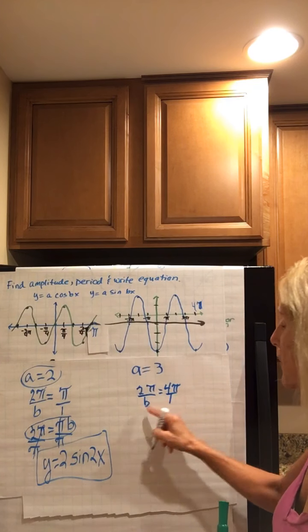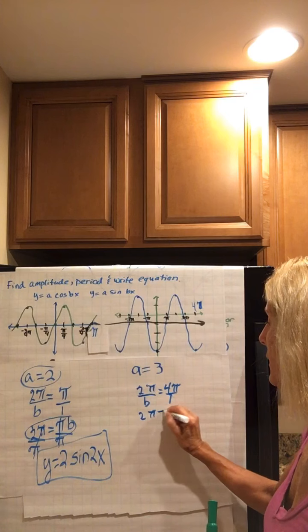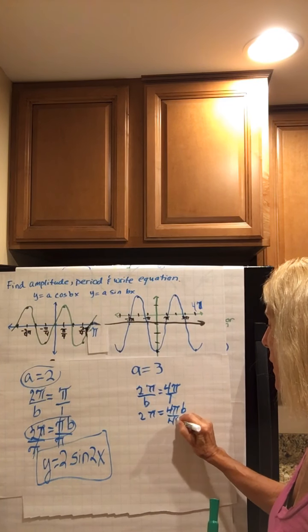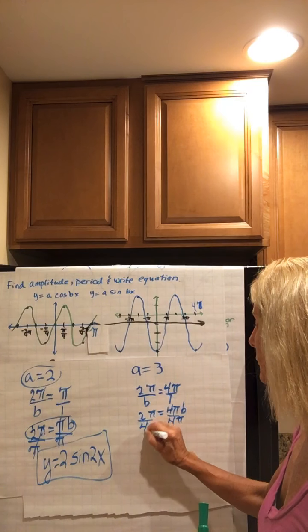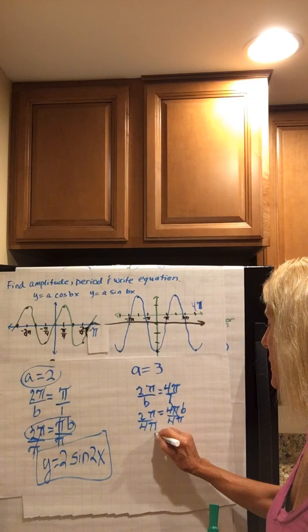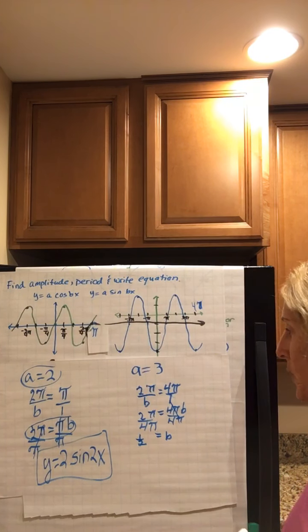Again, crisscross multiply: 2 pi equals 4 pi b, divide by 4 pi. This cancels out, so b equals 1/2.